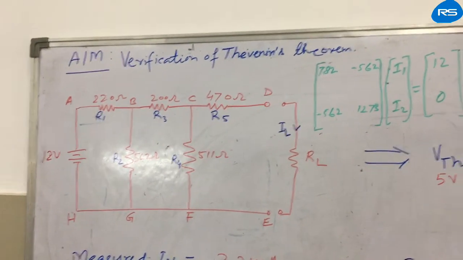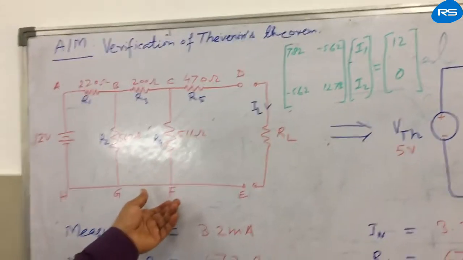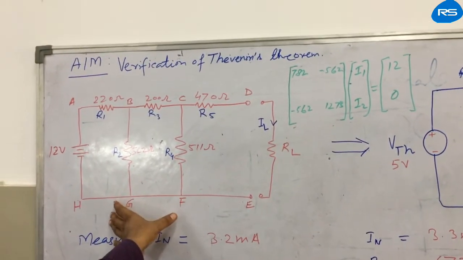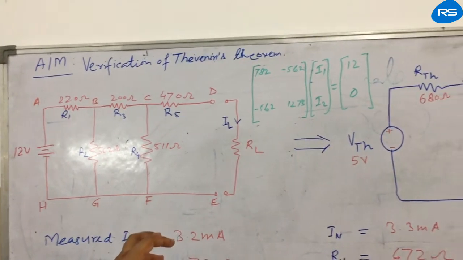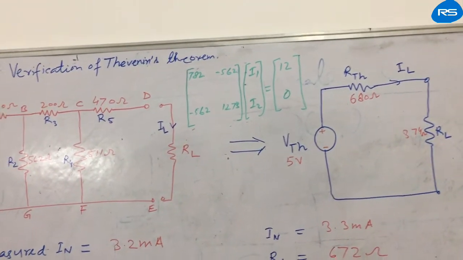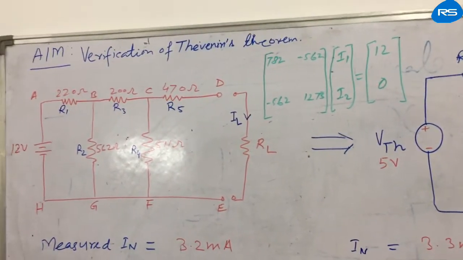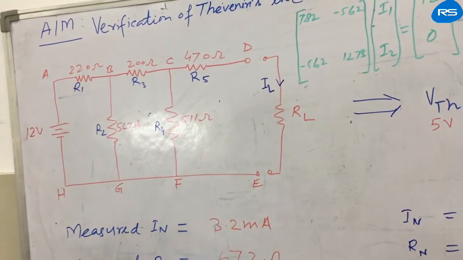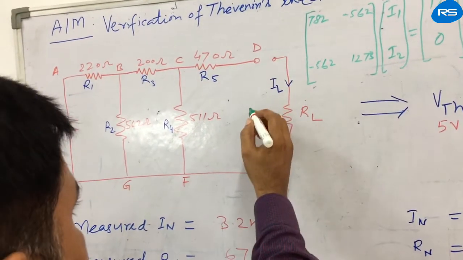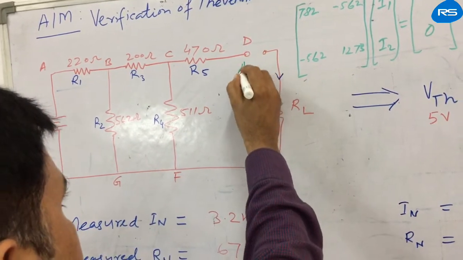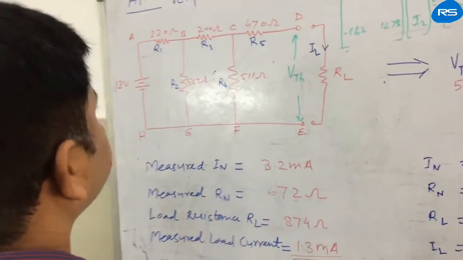So in order to find out the equivalent Thevenin circuit of this given circuit, first of all we will try to find out the Thevenin voltage across the load terminals. For that, we will open circuit the load terminals like this, and we will measure the Thevenin voltage V Thevenin across these points.